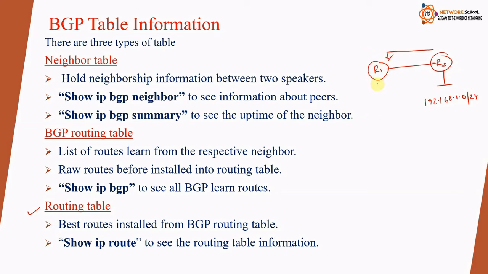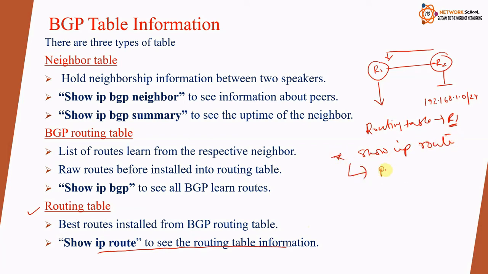And if you go to the routing table at R1 and use the command show ip route to see the routing table information, you will see the best routes installed in this routing table. How the routes become best in terms of BGP, I will explain when I cover the BGP path attributes.